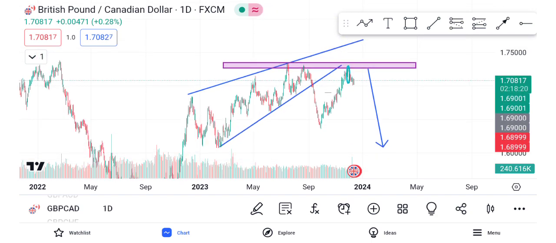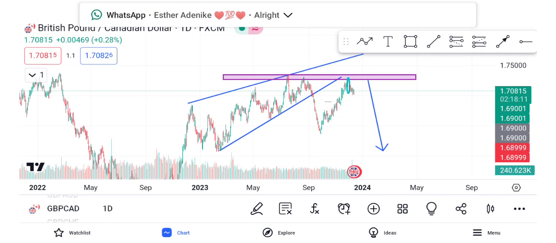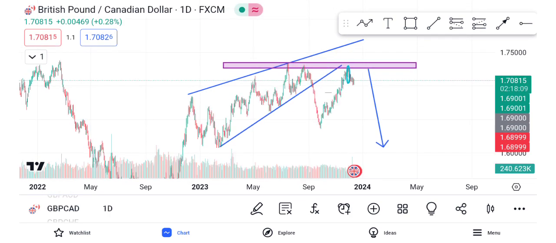Apart from the evening star rejection candle itself, the bearish rejection candle shows how the bears are ready to take full control of the market.